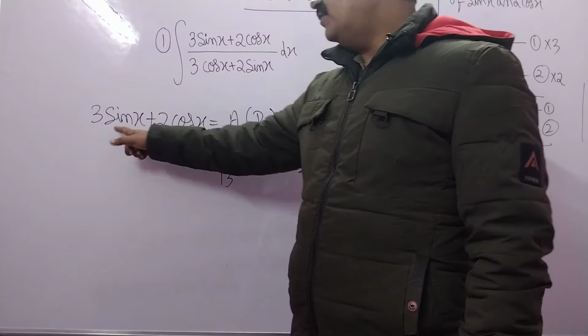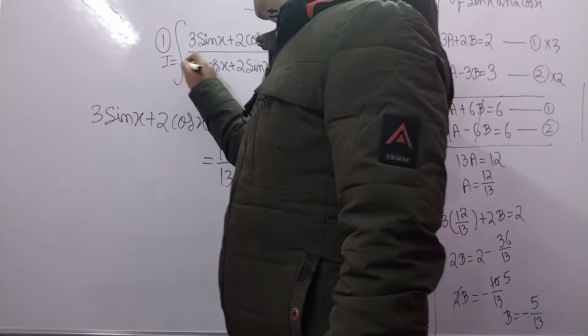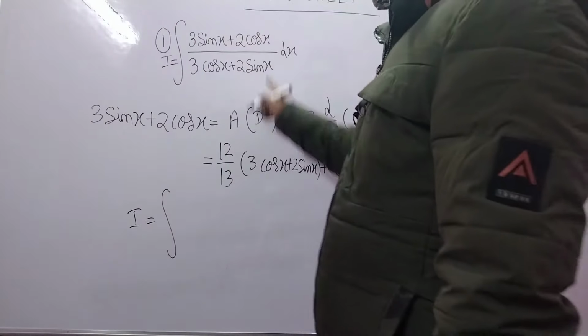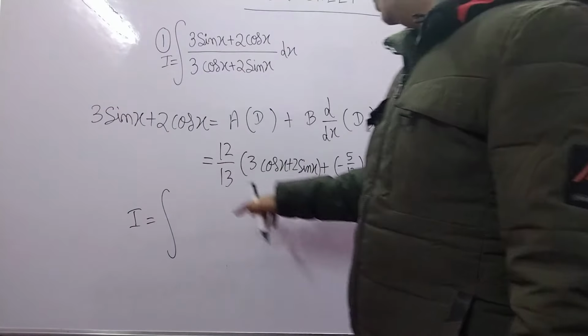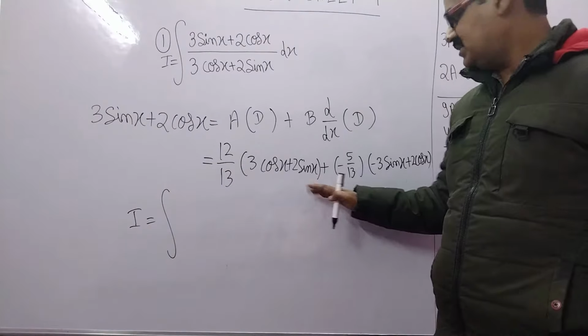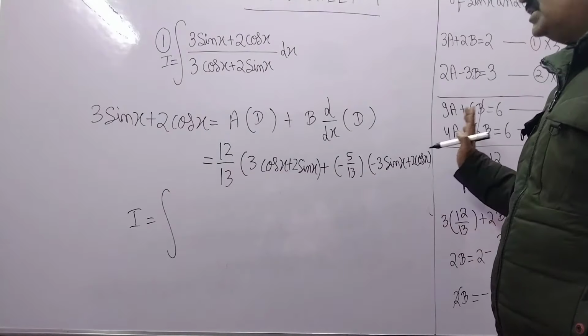Now we put the value of 3 sin x plus 2 cos x in the given integral. We can write I equals, in place of 3 sin x plus 2 cos x, we put 12 by 13 (3 cos x plus 2 sin x) plus minus 5 by 13 (minus 3 sin x plus 2 cos x).